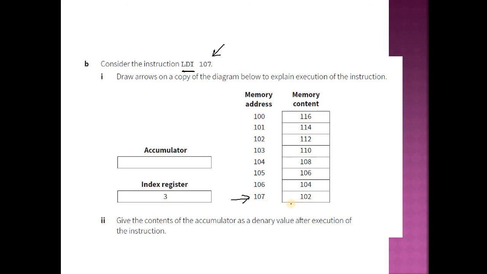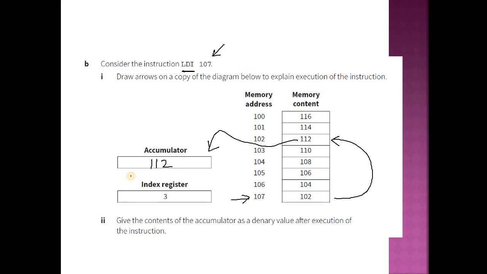It is actually another address. So we will go to this position and the actual value is 112 and this will be stored here. So this is how, with the help of an arrow, you have to show what is happening. Give the contents of the accumulator as a binary value after execution of the instruction. So 112 is coming here in the accumulator.